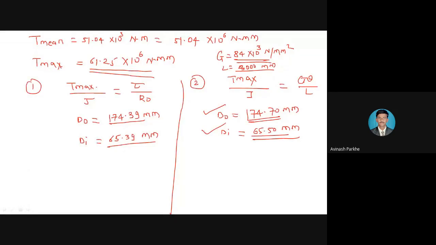Yes, have you got the answers? Only a few students are representing the answer in the chat box. Here the calculation part is very important.